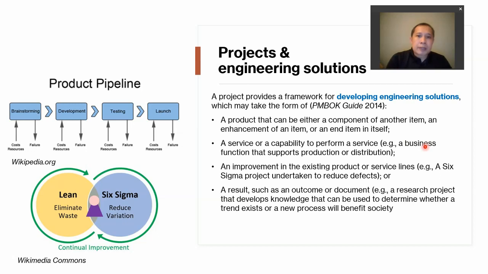It can be an improvement in existing product or service lines, for example, a Six Sigma project undertaken to reduce defects and increase efficiency of a production facility. And it can be a result such as outcomes or documents, for example, design. A design project will always result in documents. If you're asking what the outcome of a design project is, it's design documents, or information.